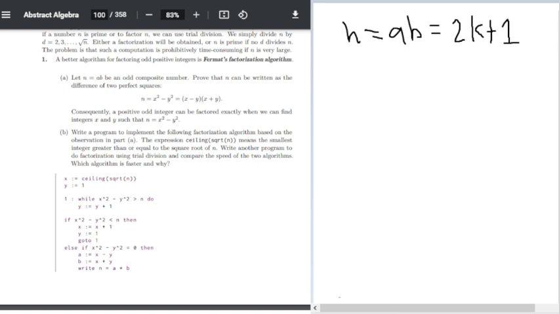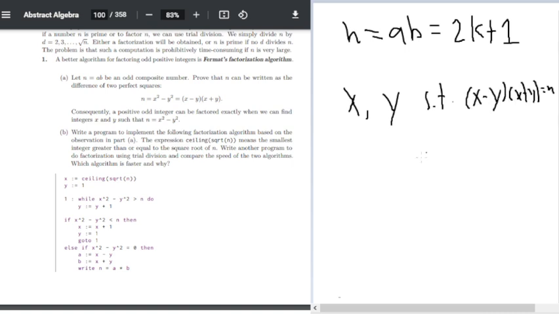So we want to find x and y such that x minus y times x plus y equals n.